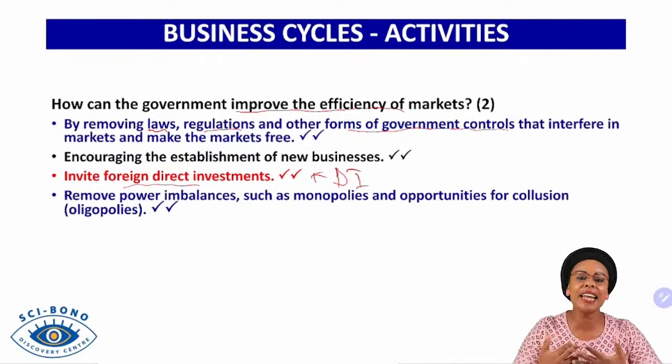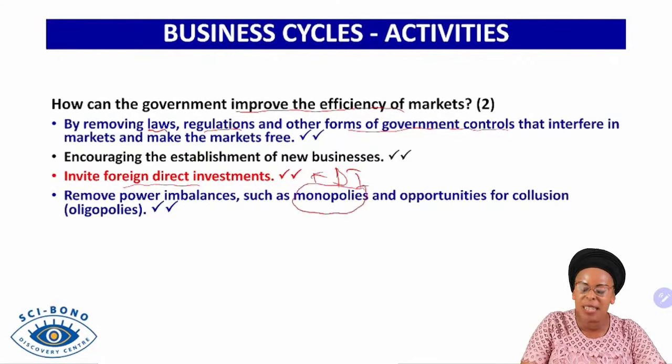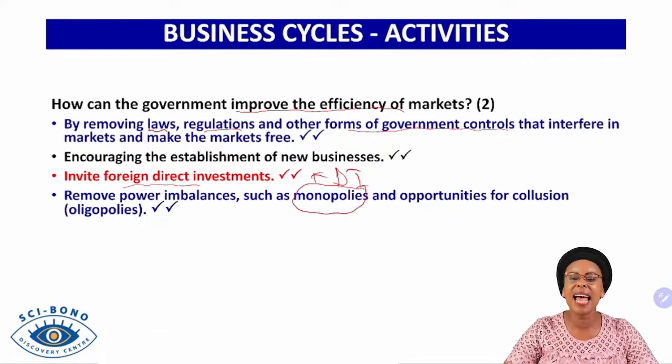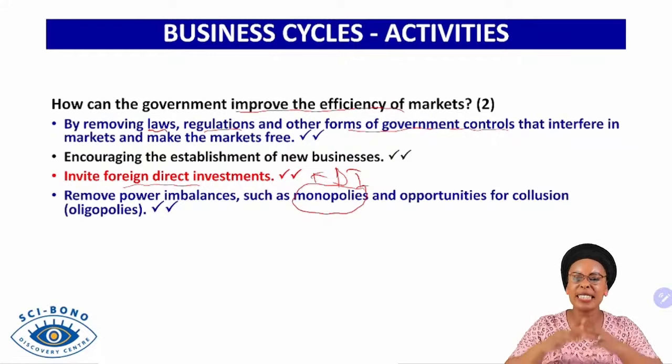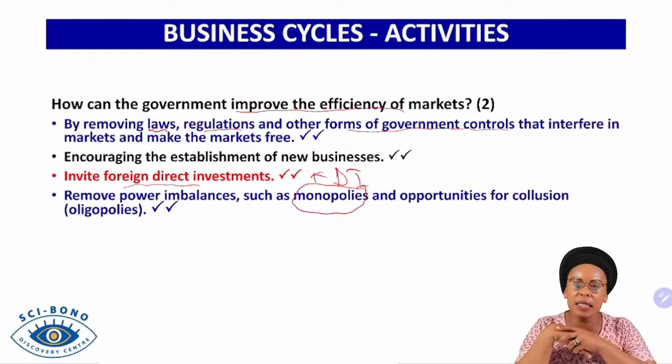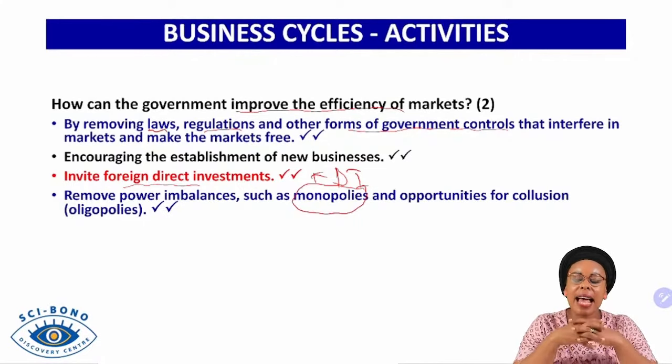The government can also remove power imbalances. How? In the market, you'll find that we have monopolies like Transnet, like Eskom, the one that you're familiar with, which is the only supplier of electricity. And electricity is expensive because there are certain protections that Eskom has. Natural protection, for example.